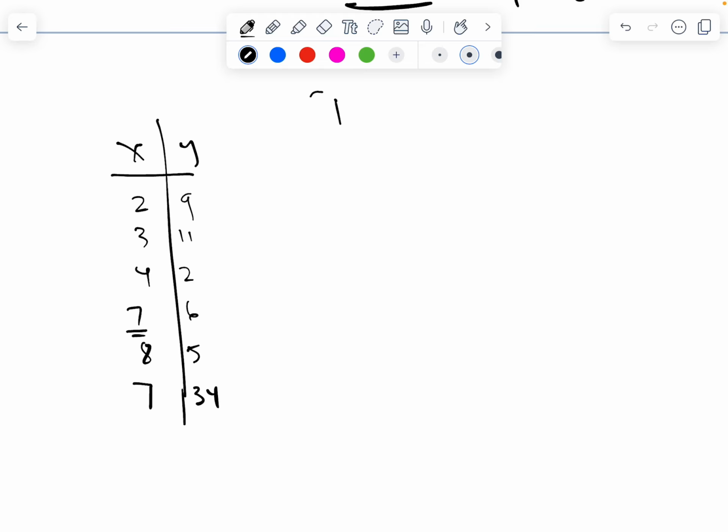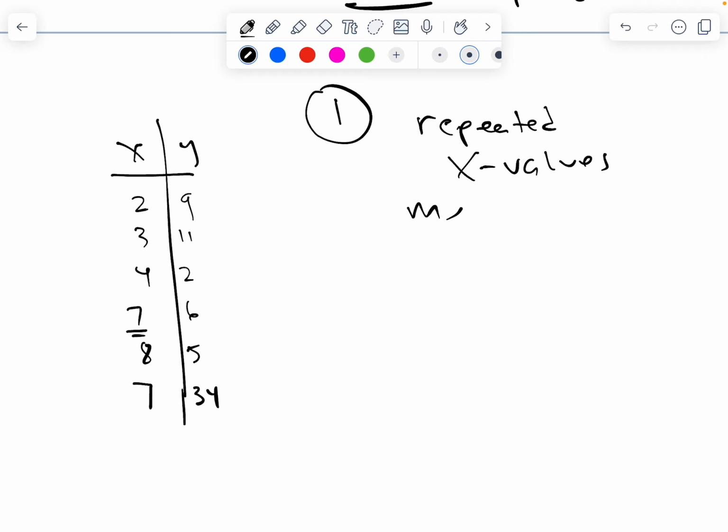So the first thing to pay attention to is this. Repeated x values mean that it is not a function. Okay, so if those x values repeat and give you different y values, then it is not a function.